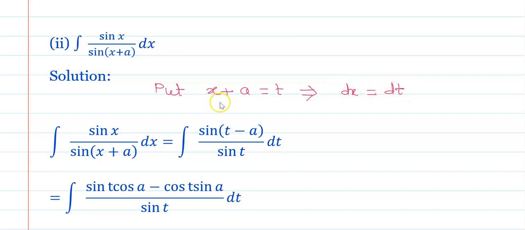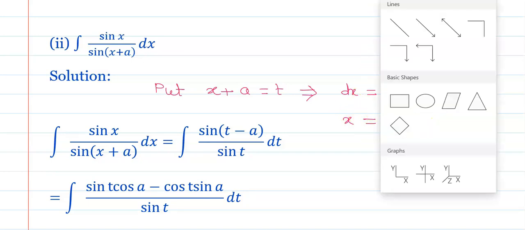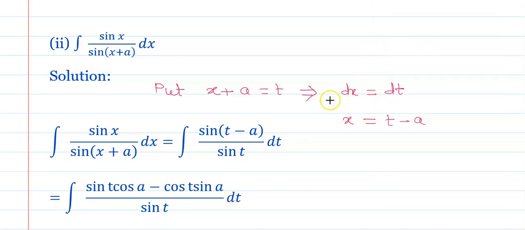At the same time, the value of x is equal to t minus a. These are important. The value of dx is dt and x is t minus a.